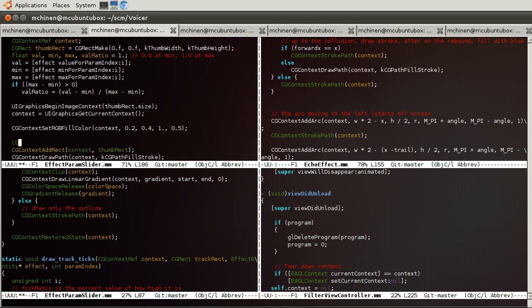So we want to move to point. Let's start at the left. So that will be zero. Let's make it 1. We want 1, 1, 10.